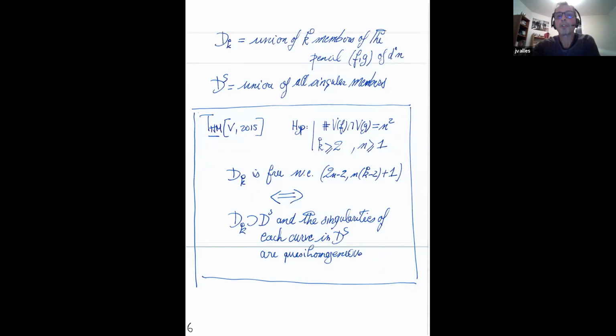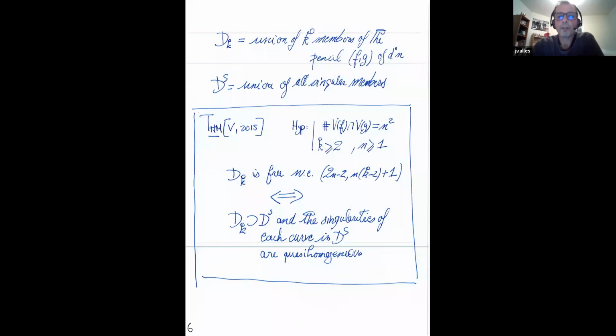and by hypothesis, the general curve of the pencil is smooth, so the singular members form a finite number of curves in the pencil. And then we can prove that D_k is free with some exponents if and only if D_k contains all the singular members, the union of all the singular members.